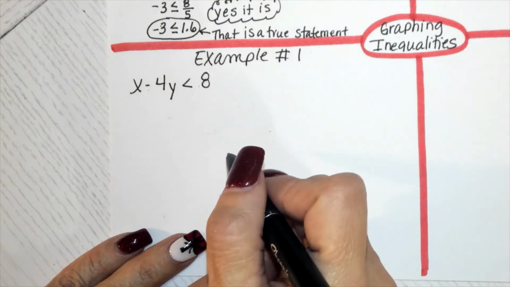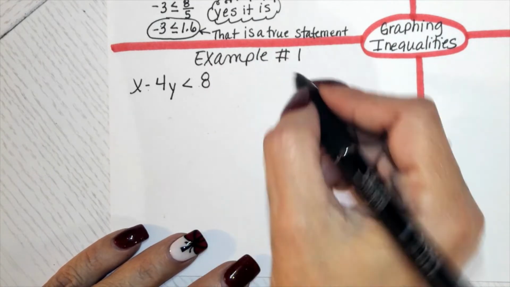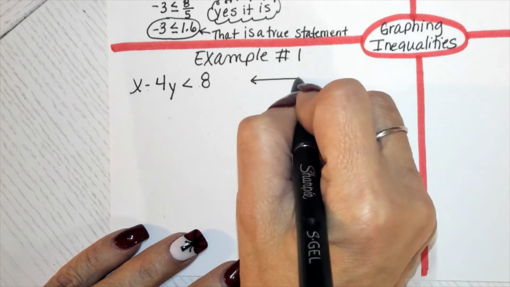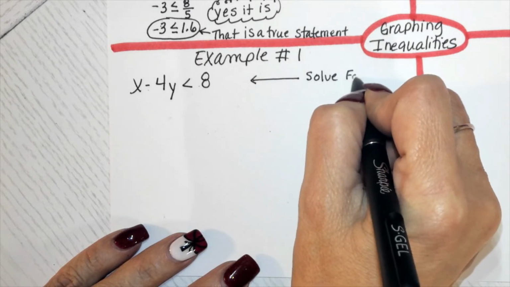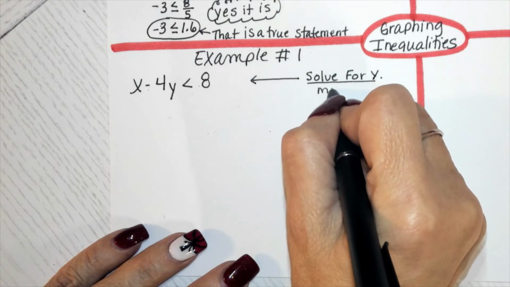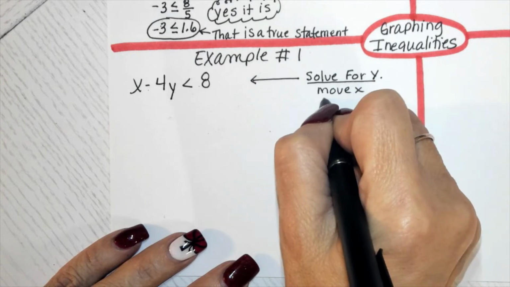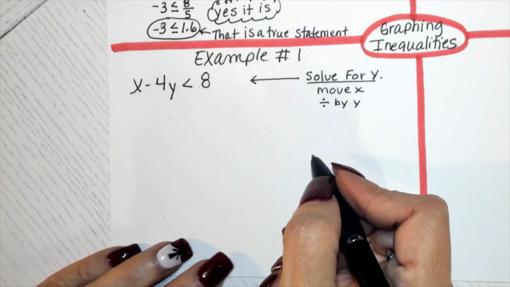Okay, in order to work this, the first thing we have to do is like what we did up above, we have to solve for y. So I'm going to put an arrow here, and I'm going to say, first thing we're going to do is to solve for y. Now that means we have to move the x, and we have to divide by the y. That's the first thing we're going to do.